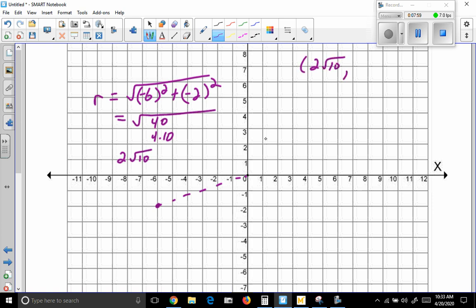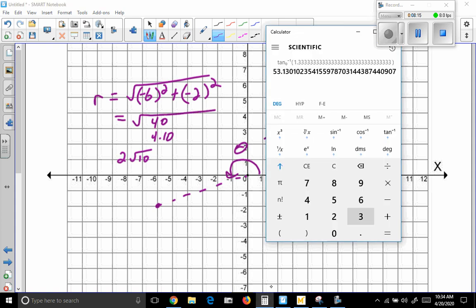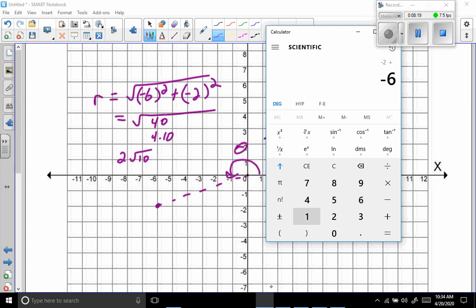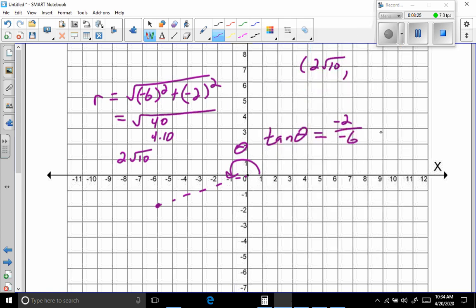And then to get our direction, tangent of theta is the y over the x. And that'll give us theta. But we have to be careful, because if we do -2 divided by -6, that comes out to be positive, and when we type inverse tangent, we get 18.4.